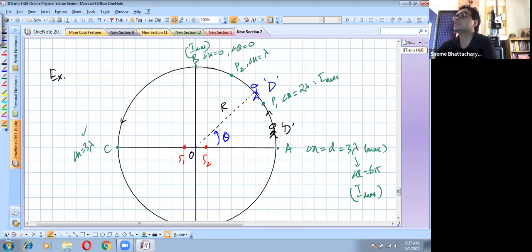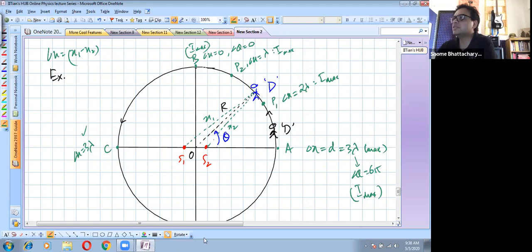Delta x is x1 minus x2, and this is continuously decreasing, going from 3 lambda to 2 lambda to lambda to 0. So there are two other positions in between where you will get the maximum.